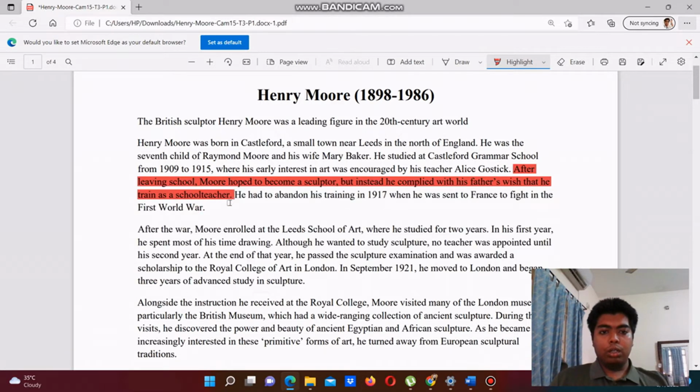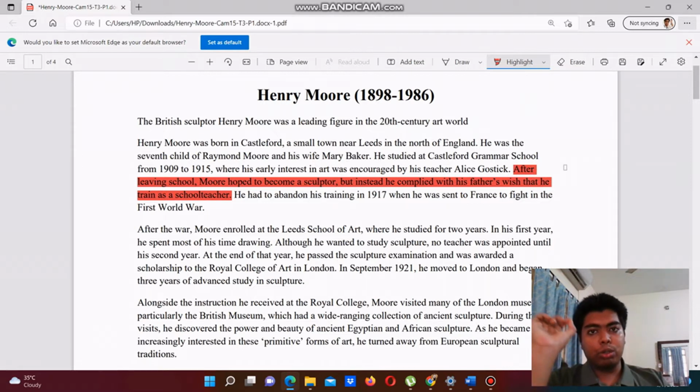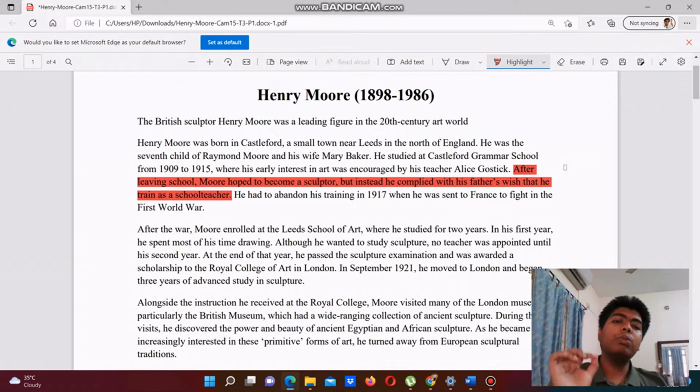Look, so basically, guys, what this passage is saying is that after graduating from school, he wanted to become a sculptor, but because his father wished it, he went to train as a school teacher.